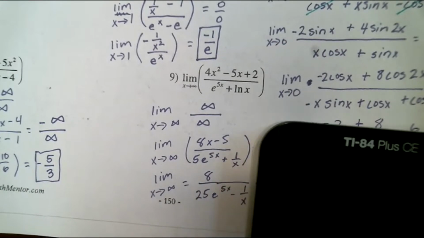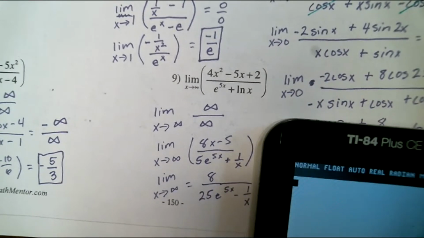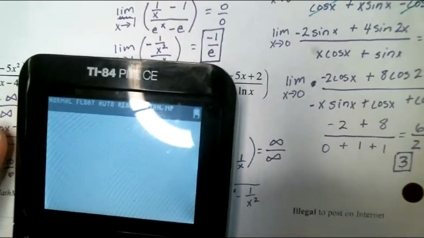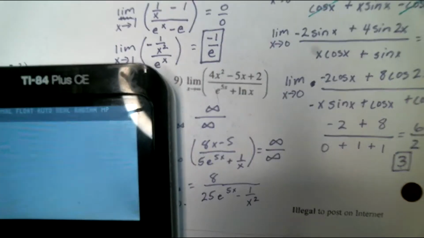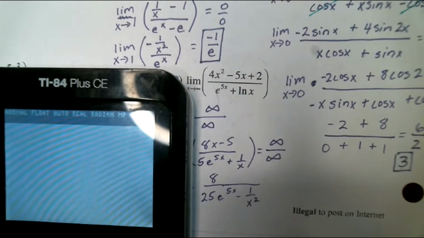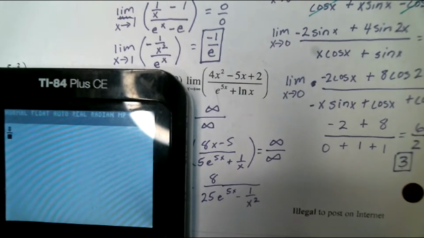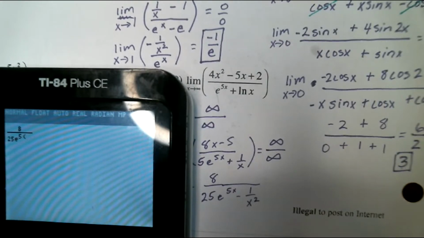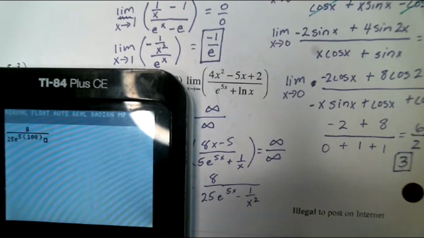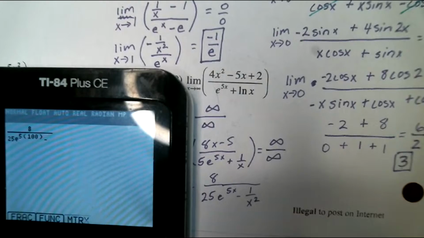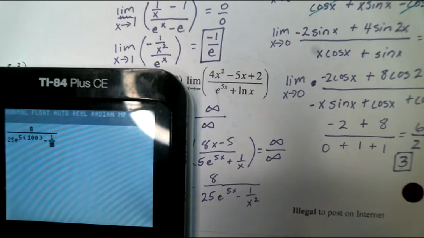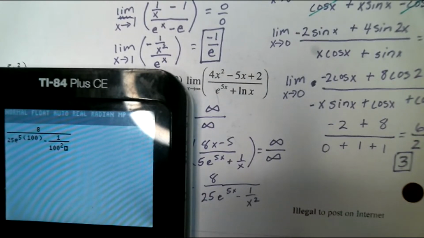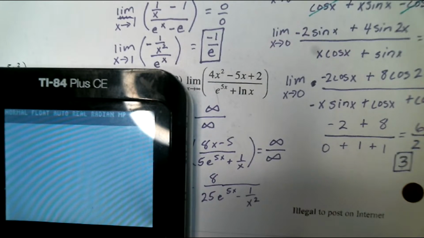Just as an example here, if I was to type in 8 over 25e raised to the 5 times 100 minus 1 over 100 squared, what does that take me to?